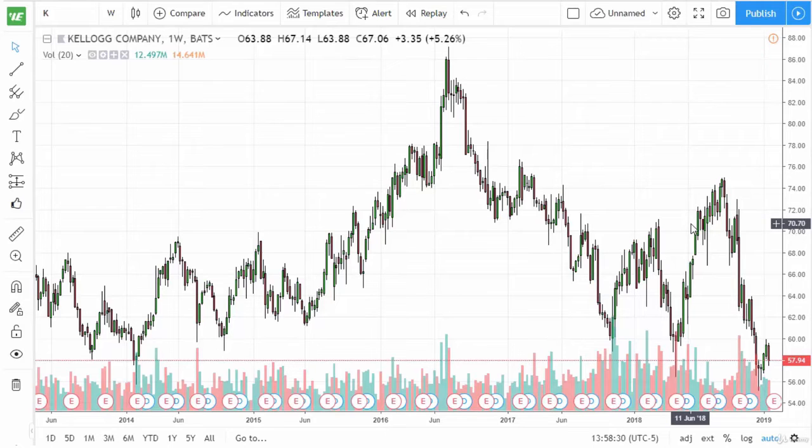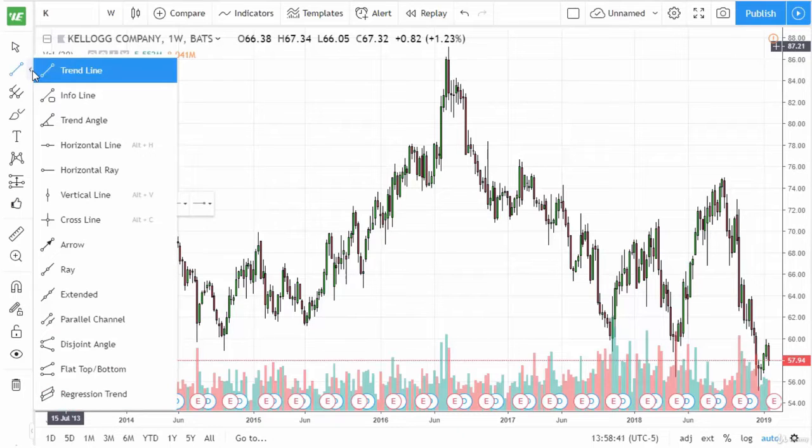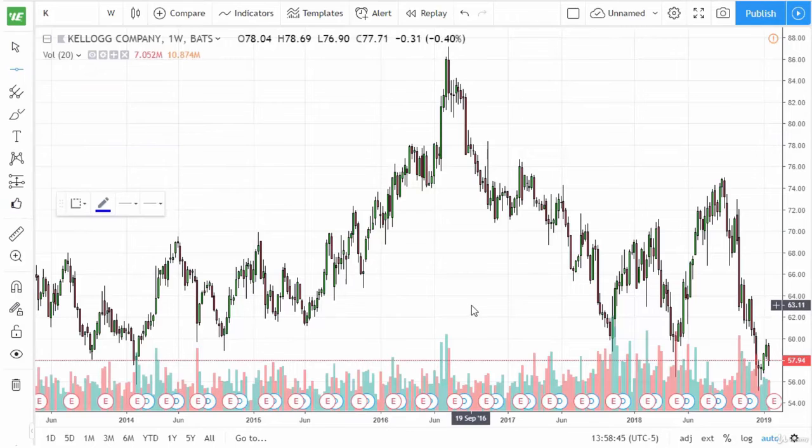The phrase you hear quite often is what was once the ceiling becomes the floor and vice versa. Another thing that's interesting about support and resistance is that it tends to happen at round numbers. It tends to happen over time at the same area.